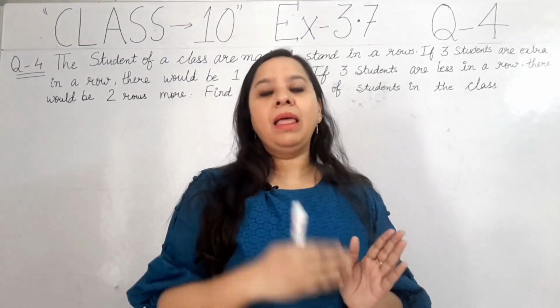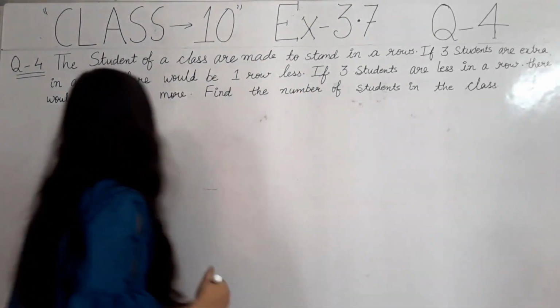Okay, so we have to find the number of students, but we will let the number of students in a row and the total number of rows. So first of all we will let the number of rows.